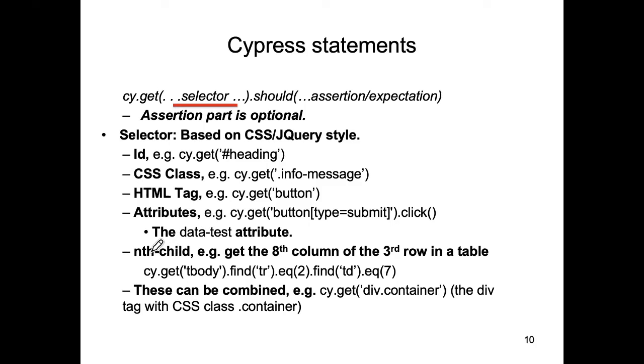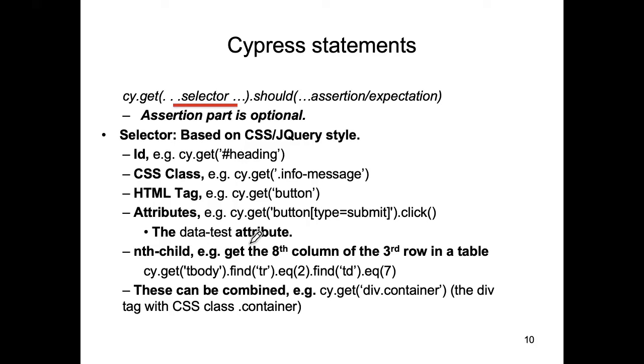The nth-child is another type of selector. It's more of a command than a selector really, and you will see me using it. So if we look at the example here, here's my objective.